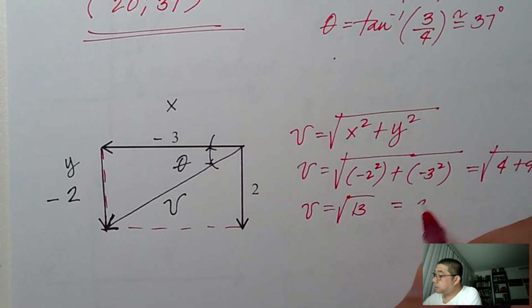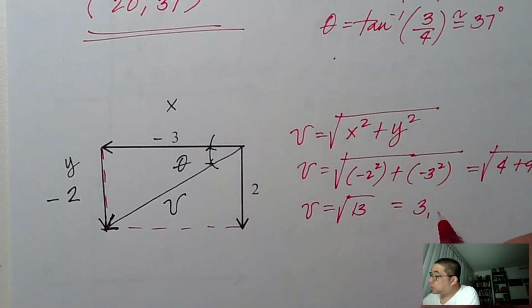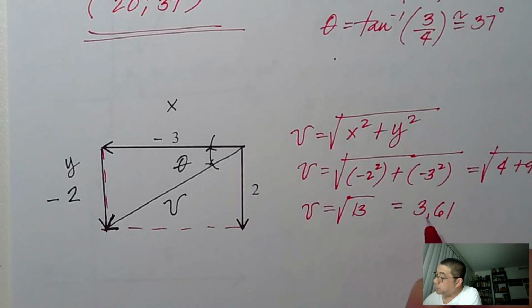So that is 3.605, or just rounded to two decimal places, that's why it's 3.61.